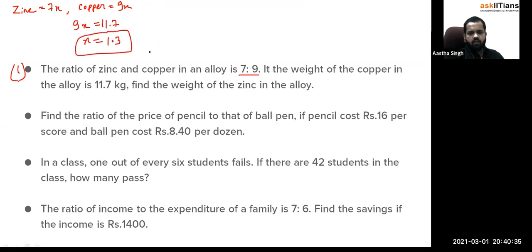You will get x equal to 1.3. Find the weight of zinc. Zinc is 7x. So basically 7 multiplied by x, which is 1.3. So 13 into 7, 9.1 kg, guys. So the answer will be 9.1.